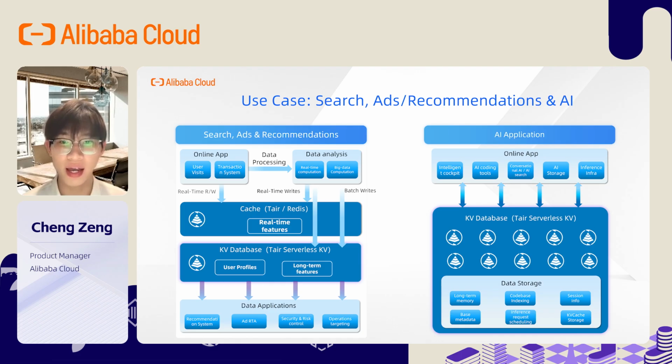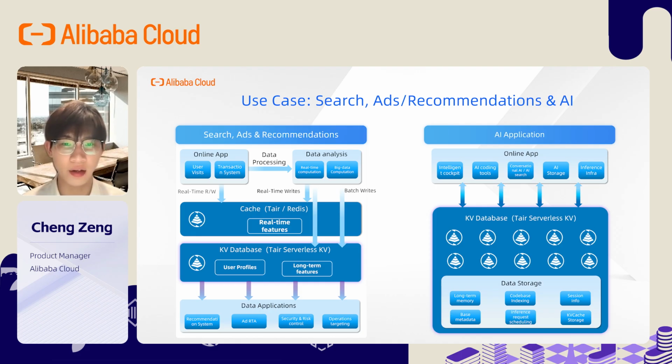And also for AI scenarios, the massive amount of data generated is almost all unstructured KV data. At the same time, AI workloads have more diverse storage requirements. They need low latency session storage, long-term memory, code-based indexing, inference scheduling, and KV cache to support inference performance.